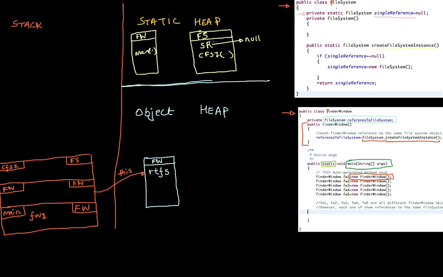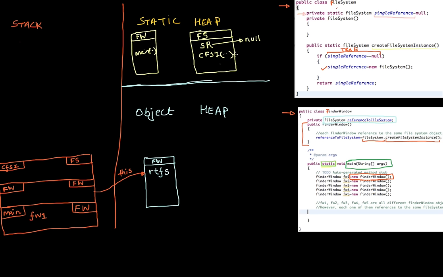If I look at my single reference, which is a static member inside the class file system, it is actually null at this time. Because it is null, this Boolean expression is true, and because it is true, this line will execute, and that line says single reference equals new file system.